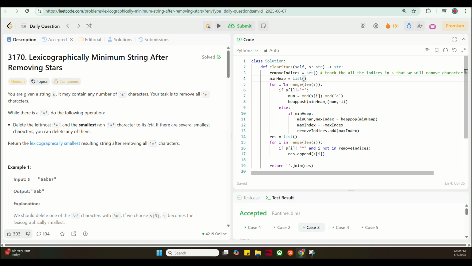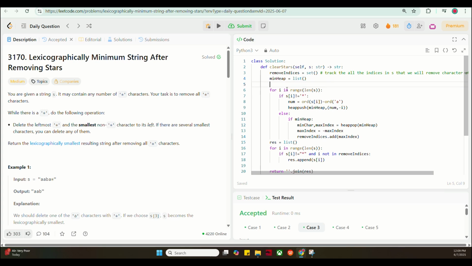And the most important data structure to solve this effectively is the minHeap, right?